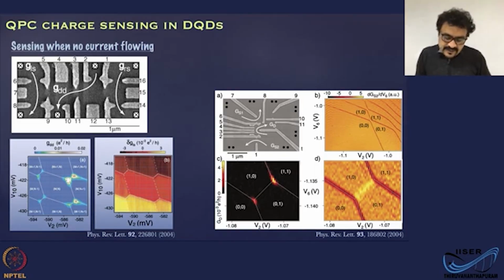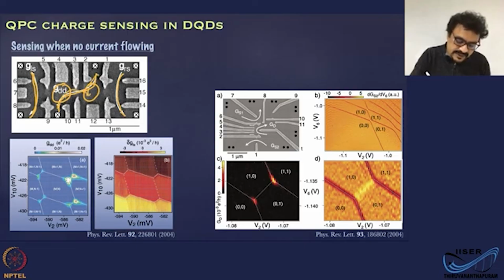Here, this is one example where you are using a quantum point contact, which is one of these channels. There are two quantum point contacts in this device, and there are two quantum dots. Okay, one quantum dot here, one quantum dot here, and the current through the quantum dot goes in this direction: dot 1, dot 2, and then drain.